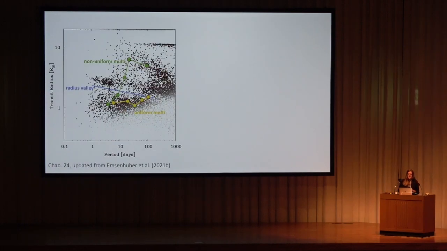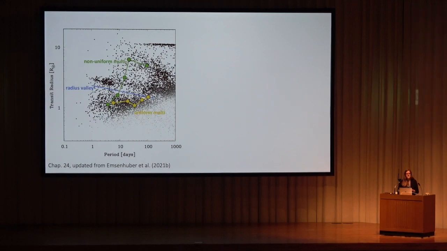So here's a realization of the synthetic planet population in the space of planet radius versus orbital period. The larger and darker points are the planets that are detected according to this synthetic detection, whereas the smaller, lighter dots indicate the underlying distribution.